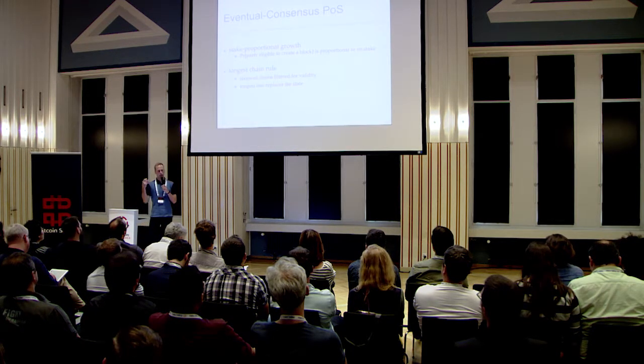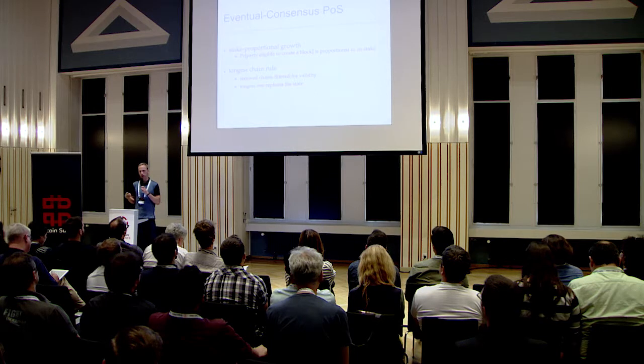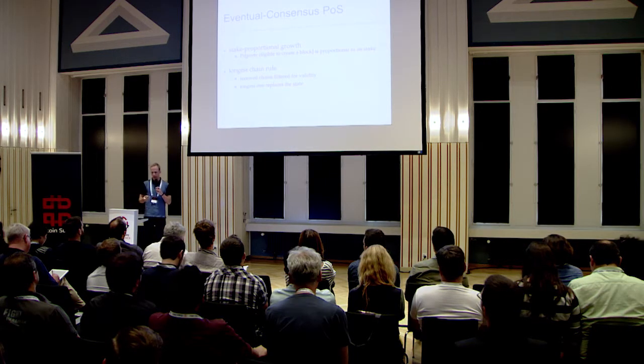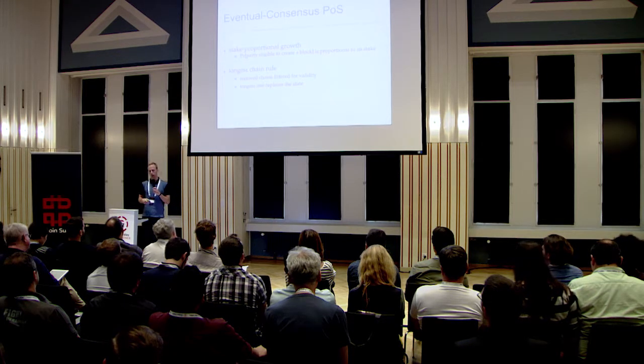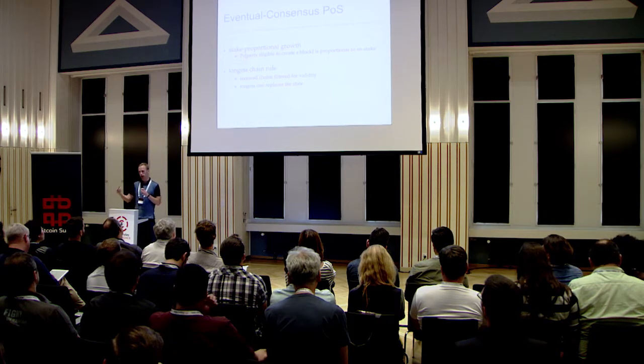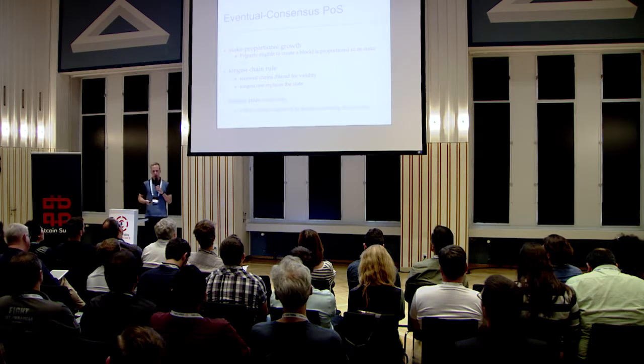The second property is that some kind of longest chain rule is applied on the chains to figure out which of the chains is the actual state of the ledger. Possibly the chains are first filtered by some validity rule, but then the actual state is chosen out of those that remained as valid by a longest chain rule.